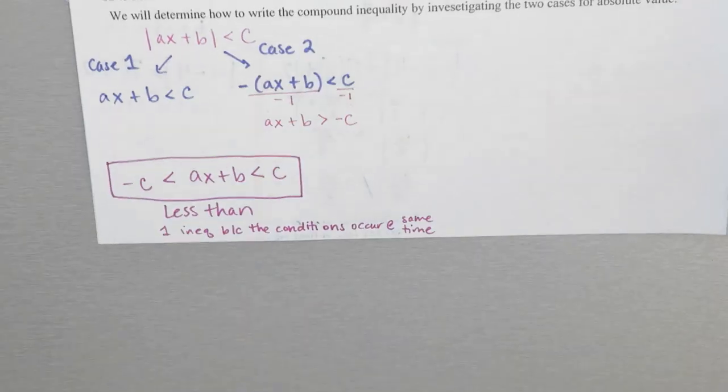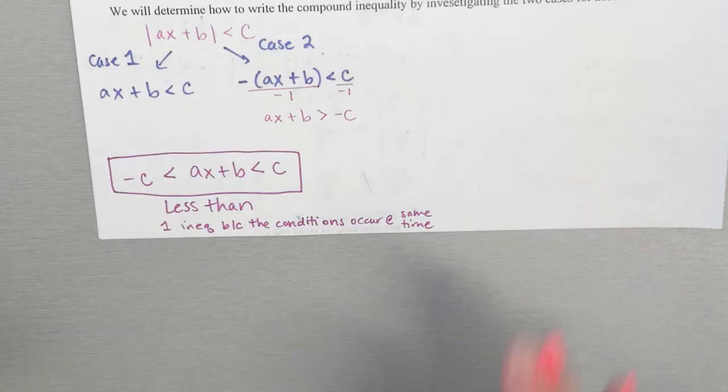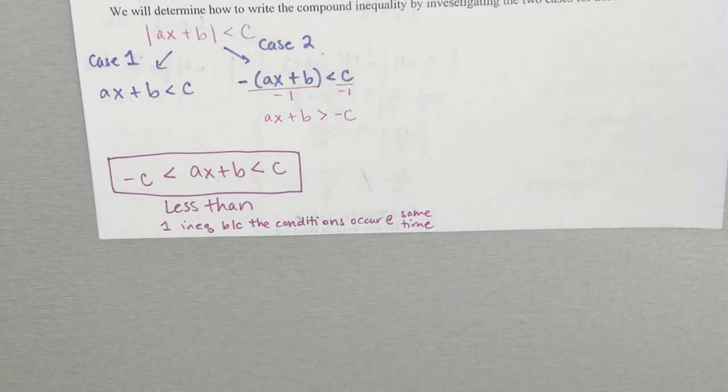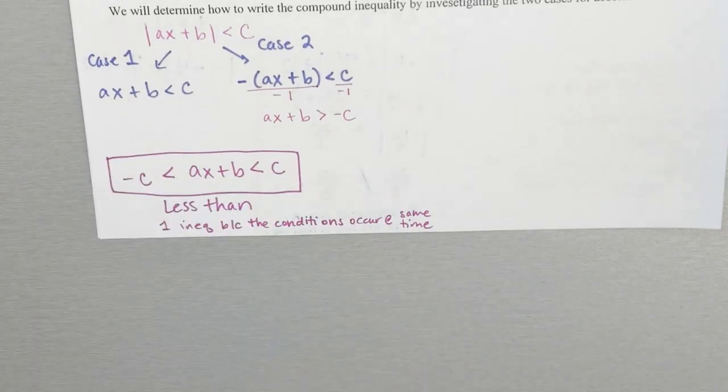So we just found our rule. The opposite of c is less than ax plus b, which is less than c. Anytime you have a less than, you are going to jump to this equivalent form, and it's one inequality because the conditions occur at the same time. The easiest way to explain this is let's pick a value for c. Let's pick 8.